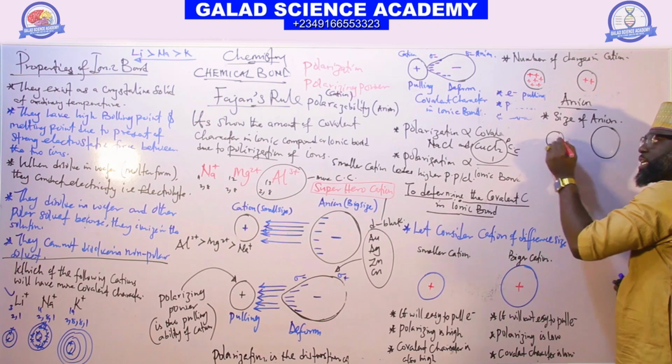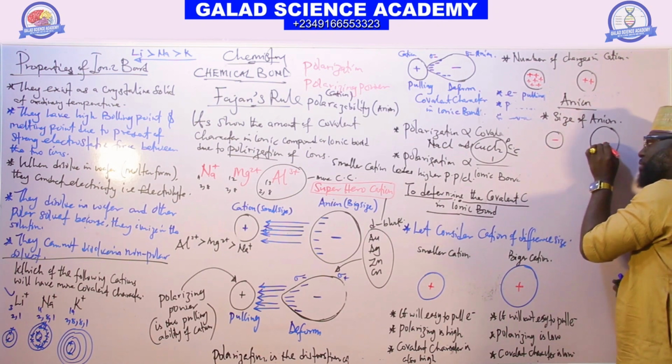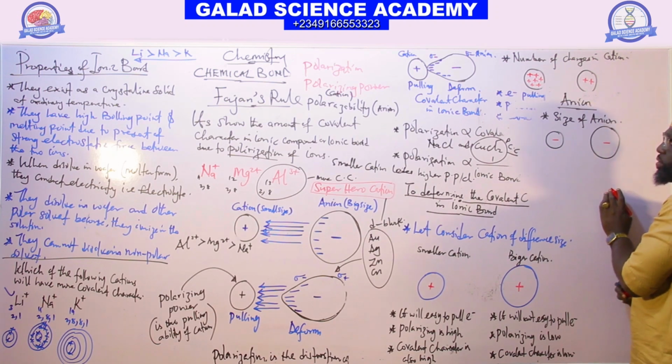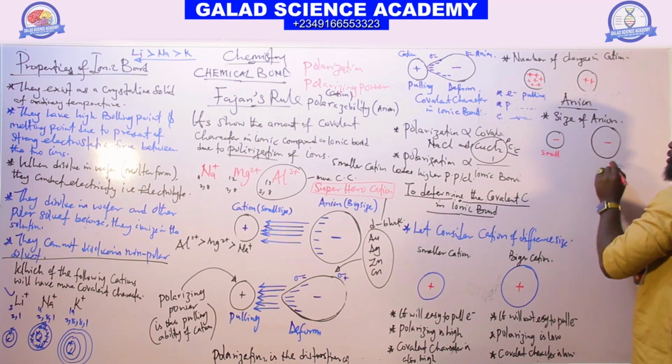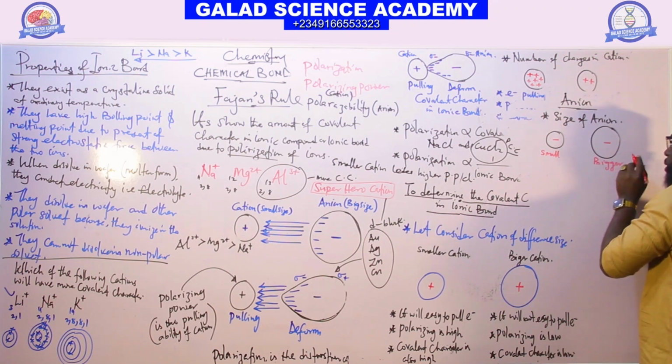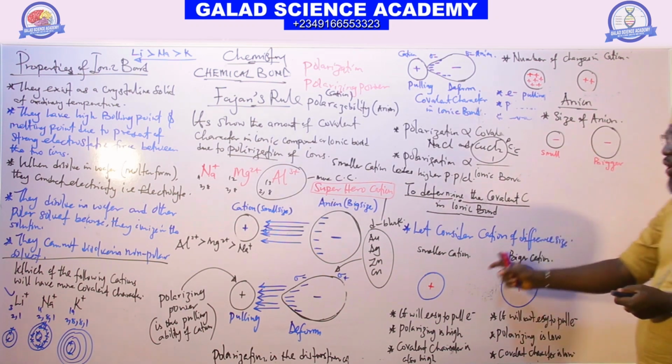This small size has a negative charge, the big size has a negative charge, but this is a small anion and this one is a bigger anion. So it is the inverse of cation.